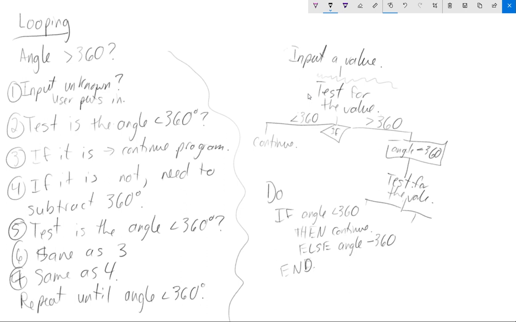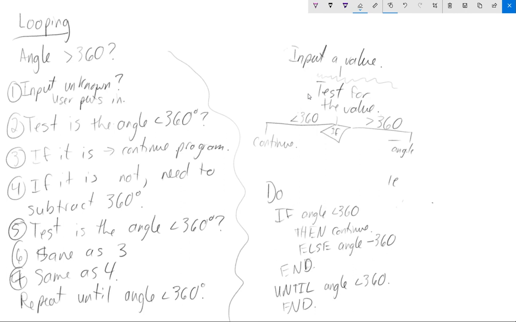Then, that's the do, so it does this first, and then it's going to subtract that, and then we're going to say until angle is less than 360, and then end. So that's do. Now I'm going to need a little bit more space here, so let's just erase some of this. Looks like there's little pieces there.